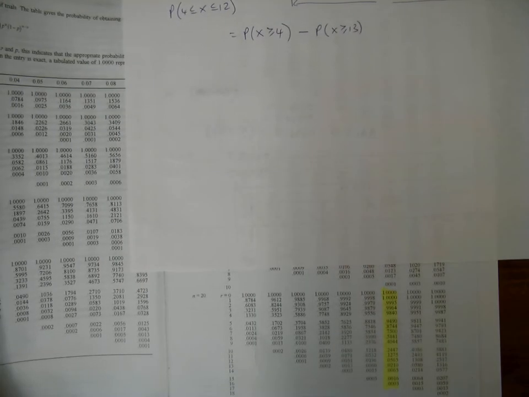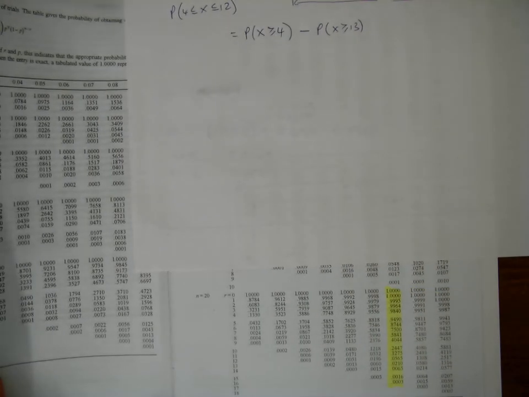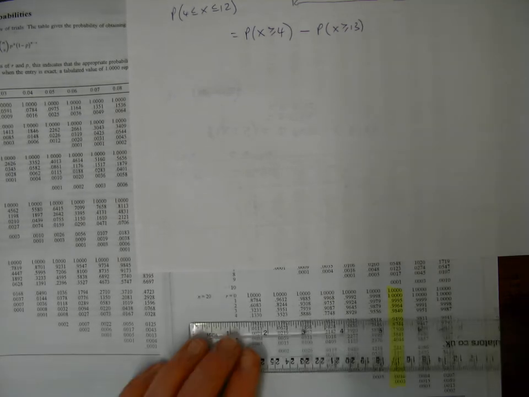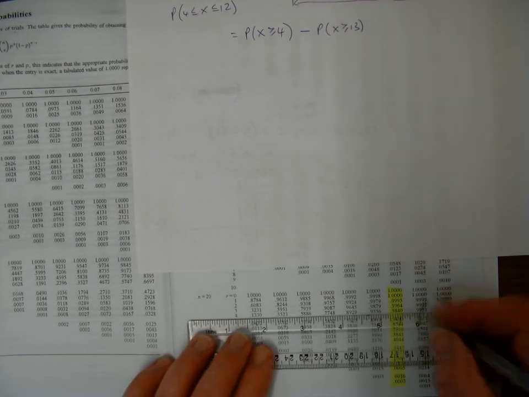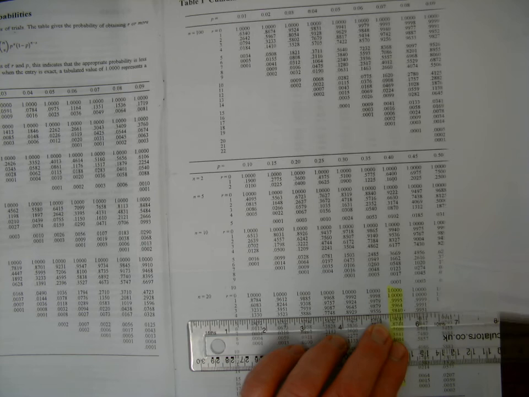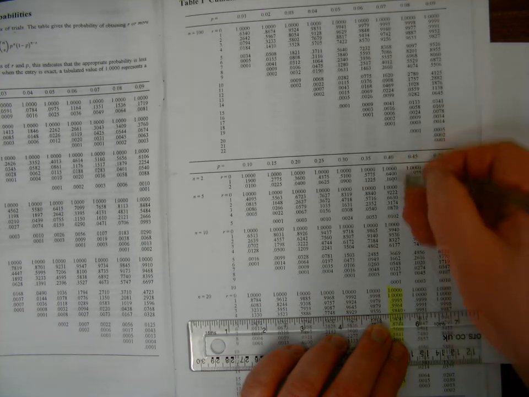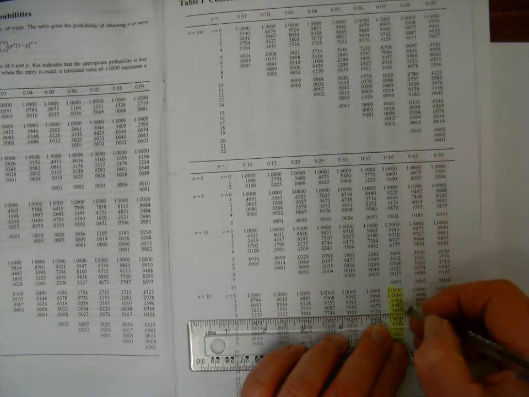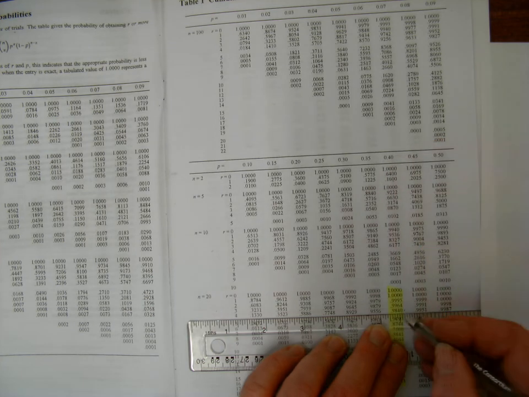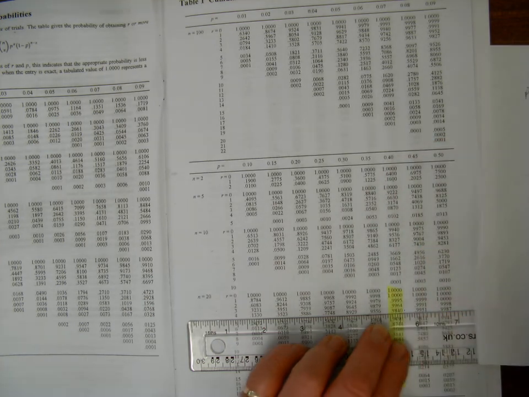So greater than or equal to 4, I come across at 4. Remember, I've highlighted here, it's lining up with 0.4 because that was my distribution, 20, 0.4. So when I look at 4, it's 0.9840.